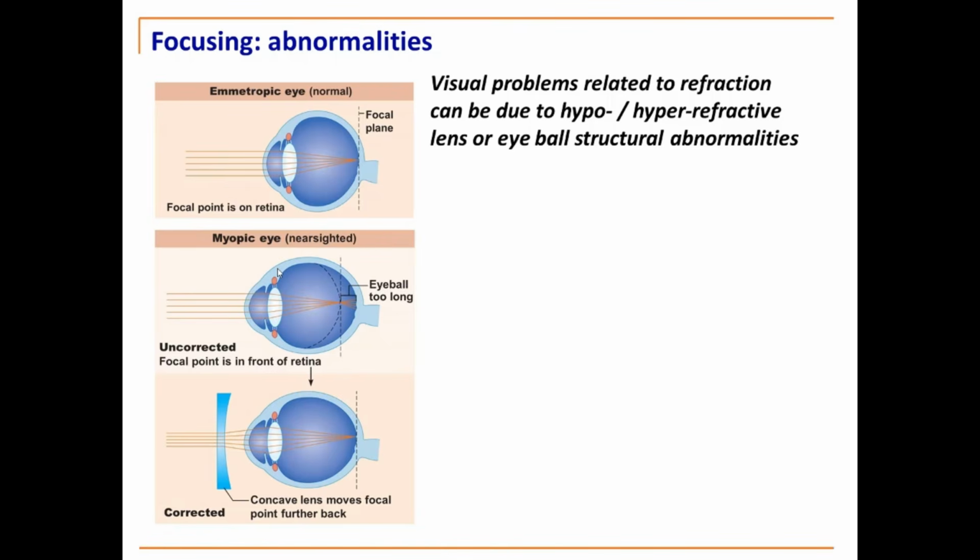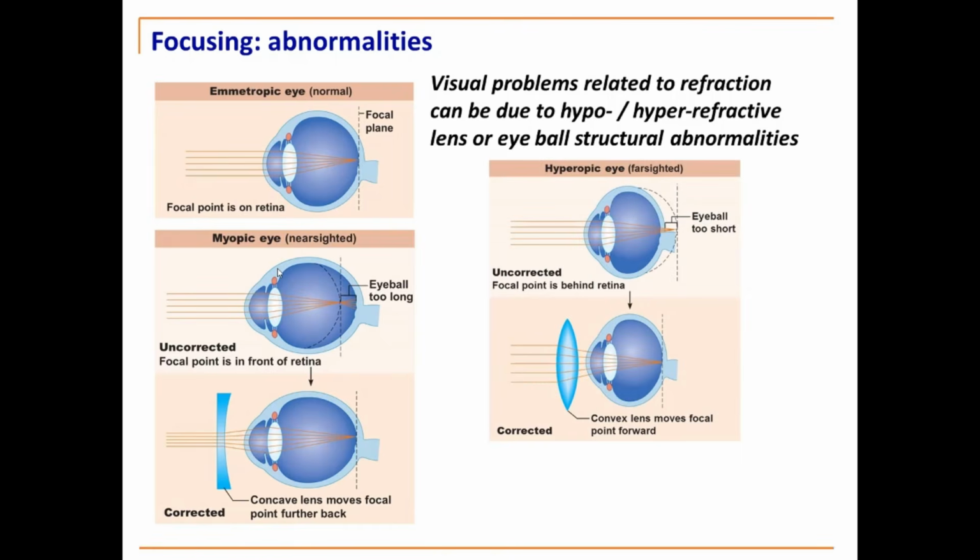A concave lens can be used to help focus properly, or laser surgery can help to flatten the cornea slightly. It normally occurs because the eyeball is a little bit too long. You've then got the hyperopic eye, which is far-sighted, where you can't focus on close objects, usually because the eyeball is a little bit too short.